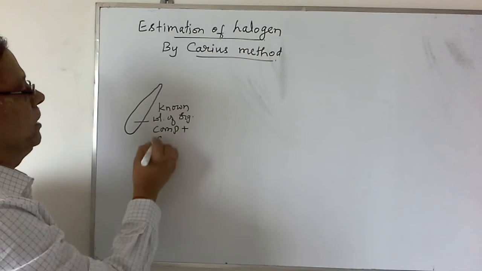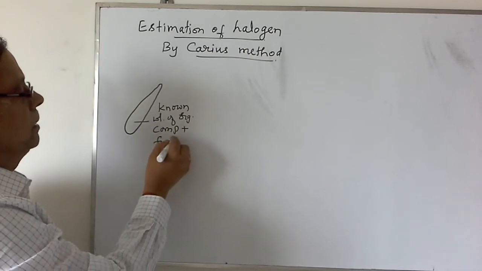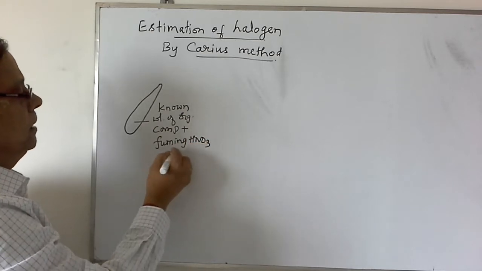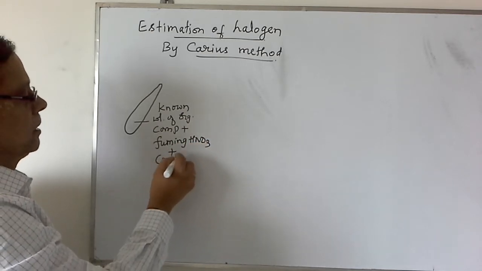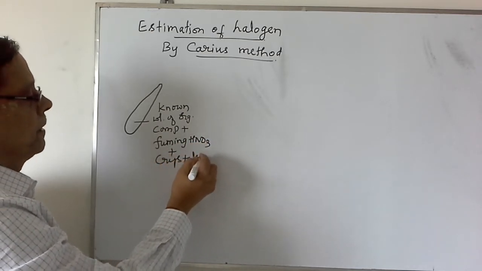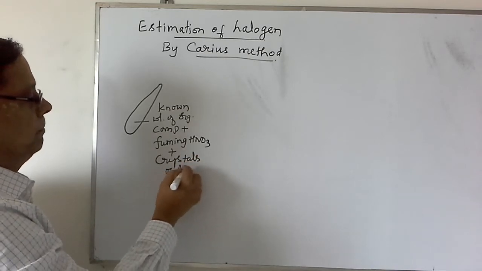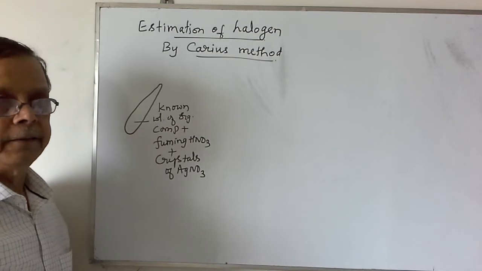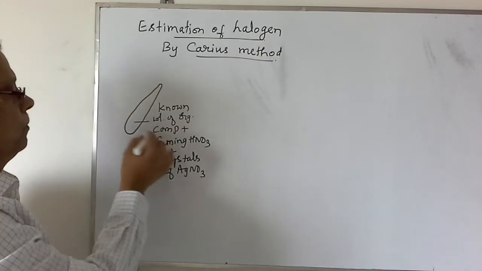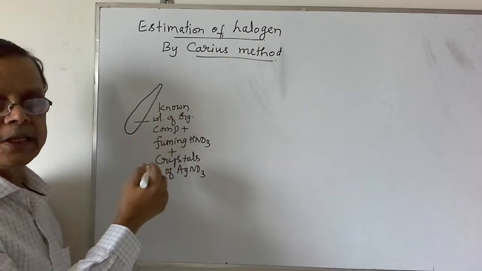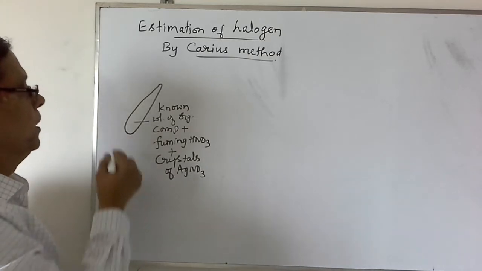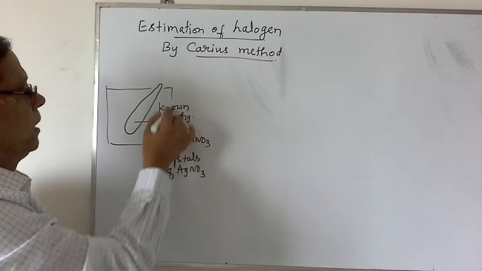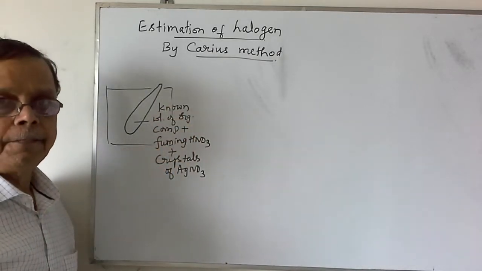Then it is mixed with fuming HNO3. Then we have to take the crystals of AgNO3, crystals of silver nitrate. Once all these contents are placed in the Carius tube, it is kept in a furnace and then heated to a certain temperature.